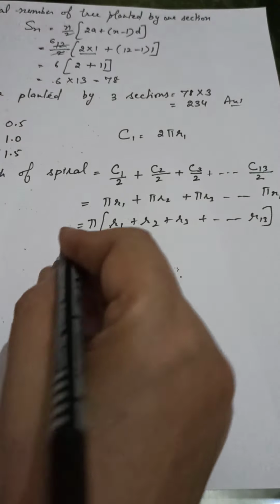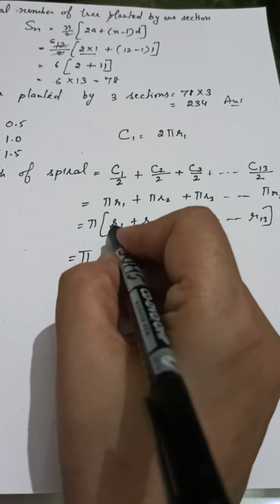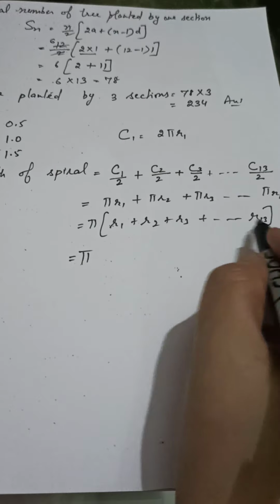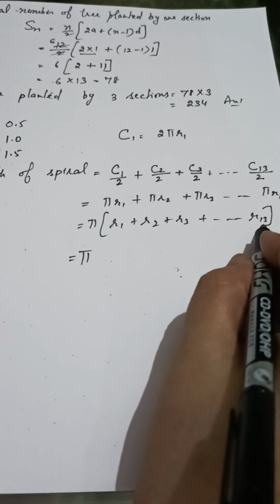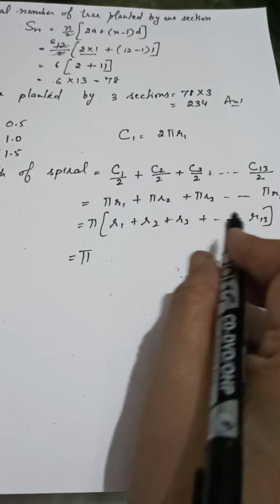Now, how to add these, r1 plus r2 plus r3? We will add these by using the formula Sn.